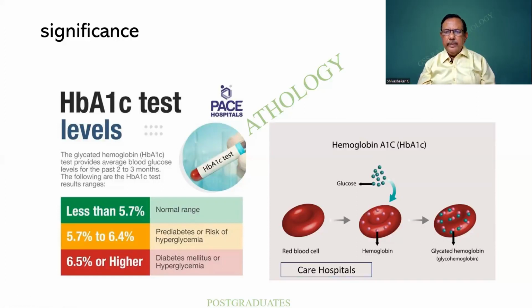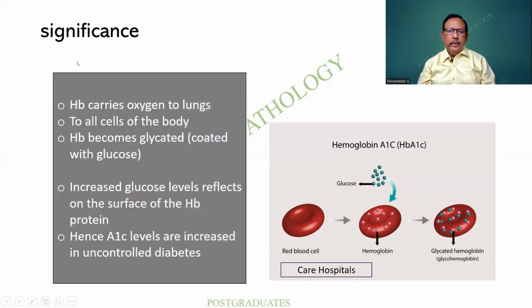This is being measured. The hemoglobin carries oxygen to all the cells of the body. It gets coated, glycated, and an increase in the glucose level will be reflected in the increased amount of protein on the surface. HbA1c levels are increased in uncontrolled diabetes. Please do remember this.